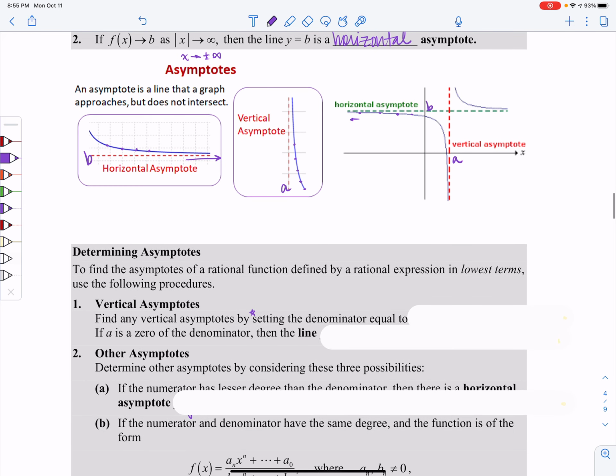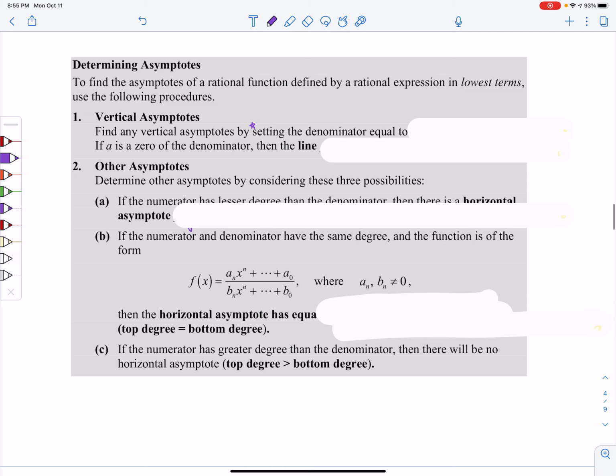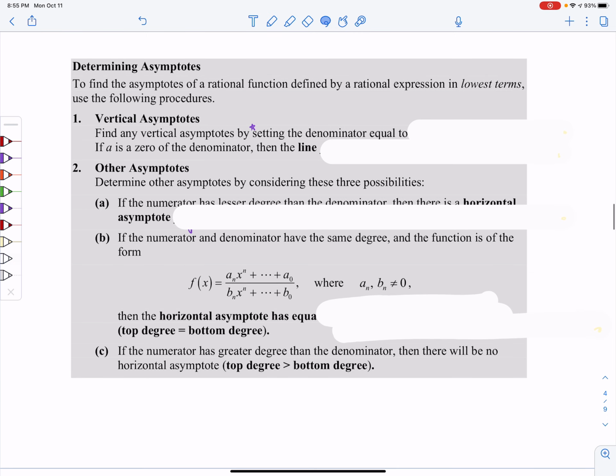Now, how do you find asymptotes? So we're going to talk about vertical asymptotes separately from the horizontal asymptote. And the first thing that you need to understand is that your function needs to be in lowest terms. And for your vertical asymptote, the first thing you want to do is set your denominator equal to 0.